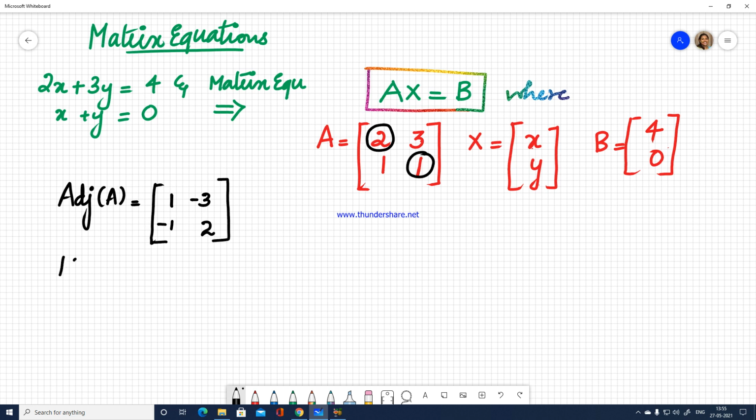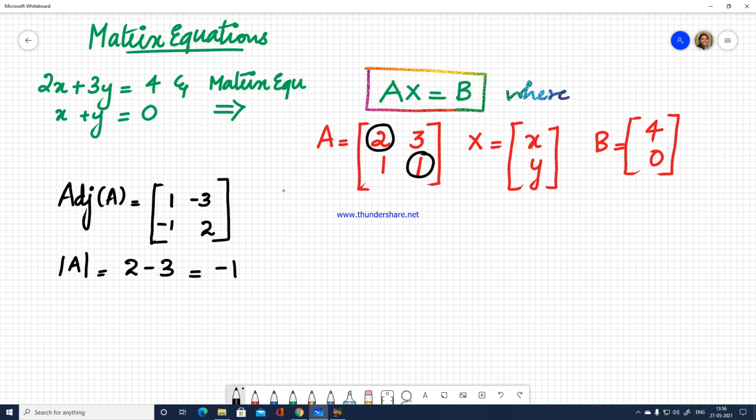Now we need to find the determinant of A. That is 2 minus 3, and the answer is minus 1.